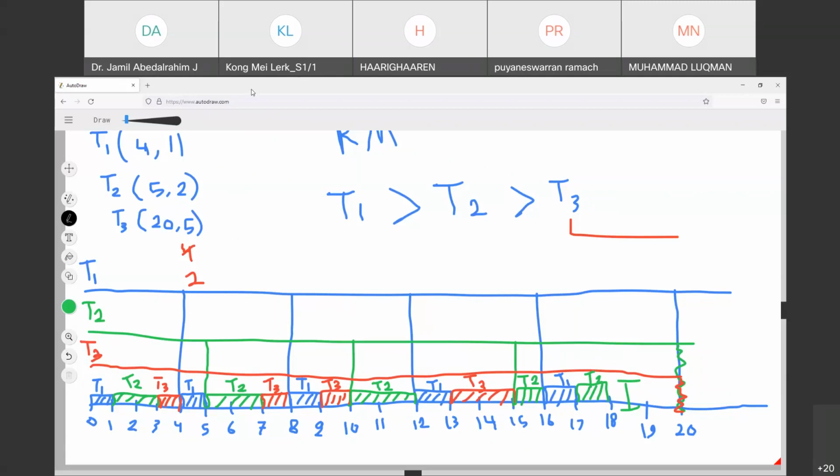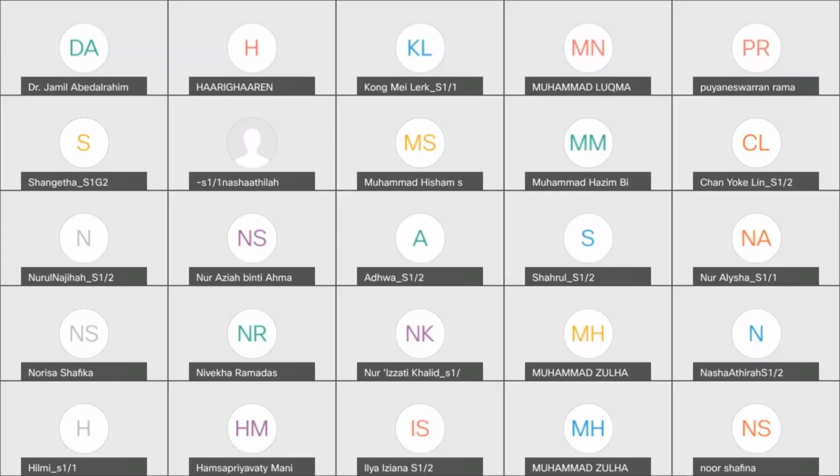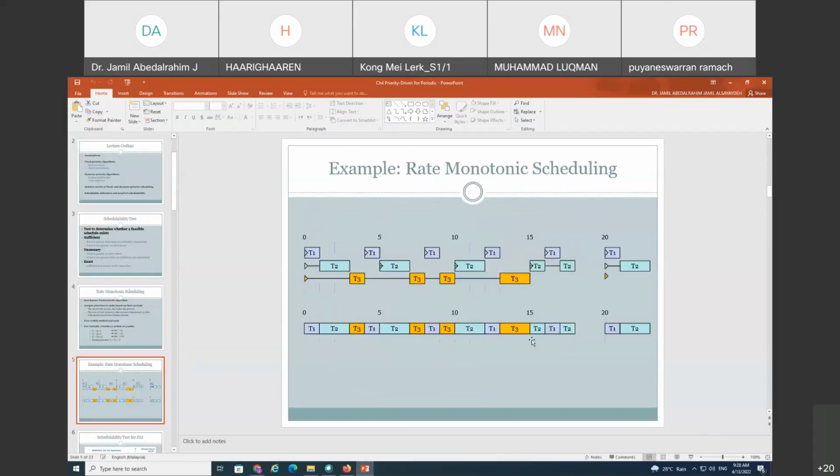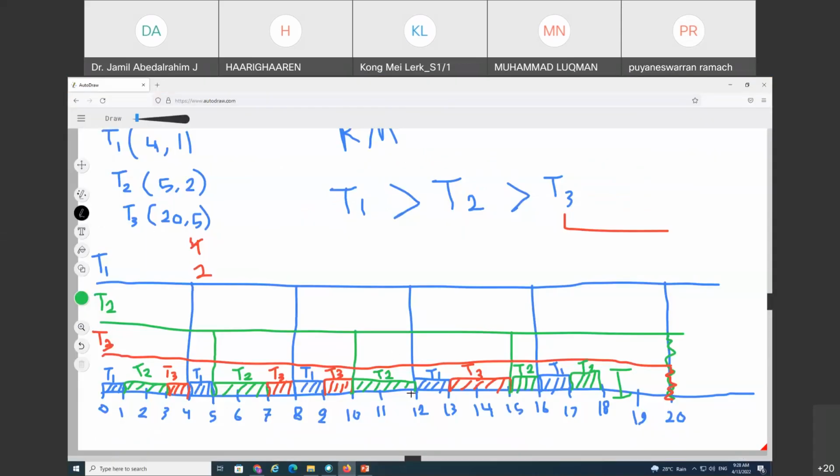So let's go back to our slide. This diagram is similar to this one, but here it's more clear.